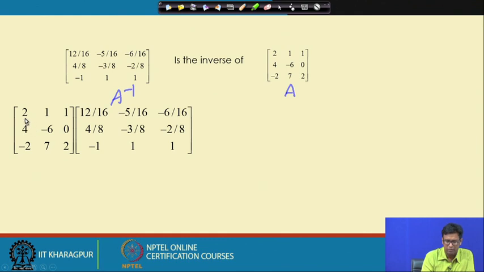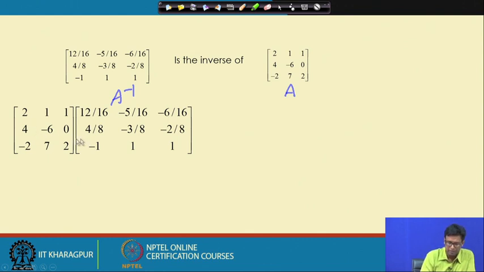The first row first column term will be 2 into 12 by 16, then 1 into 4 by 8 minus 1. So, 2 into 12 by 16 is 24 by 16 plus 4 by 8 minus 1, which is basically 16 by 16 and 1.